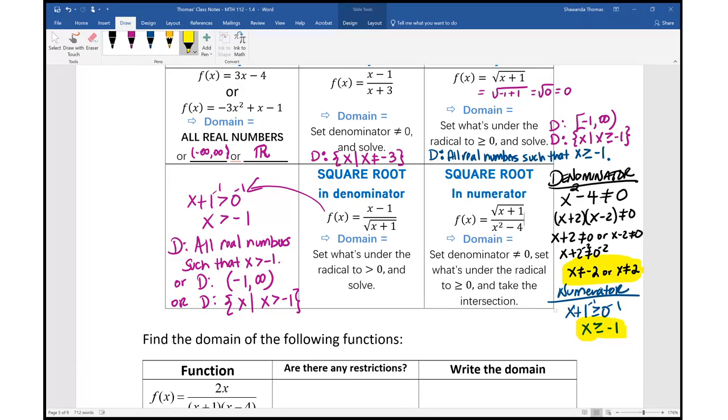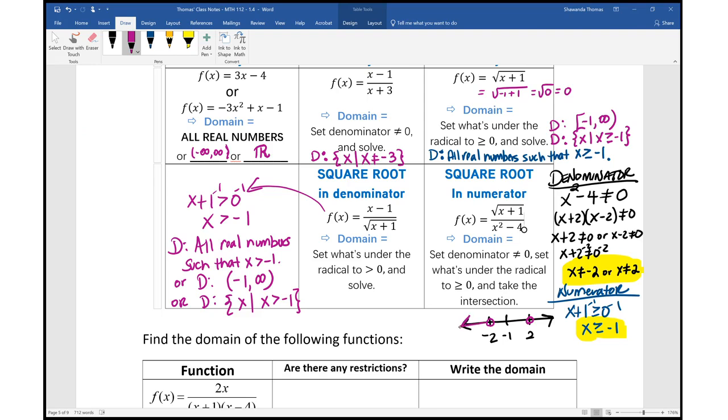So the best thing to do to pull these both together is probably draw a number line. And for both situations, use a different color. So let's put the pertinent numbers here, -2, -1, and +2. One is saying we don't want it to be -2 or 2. So we put open circles because we don't want it to equal -2 or 2.